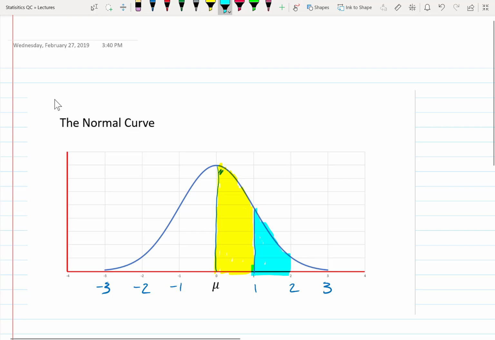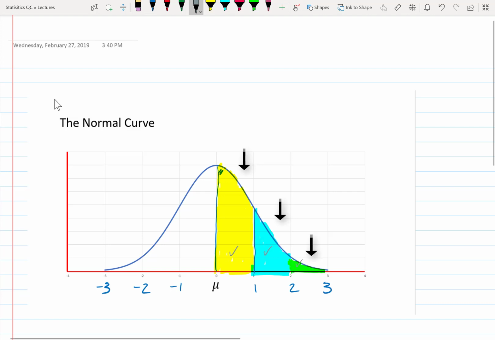Finally, we know that nearly but not quite 50% of the scores will fall between the mean and 3 standard deviations out. That area would be this area here, plus this area here, plus this area here.